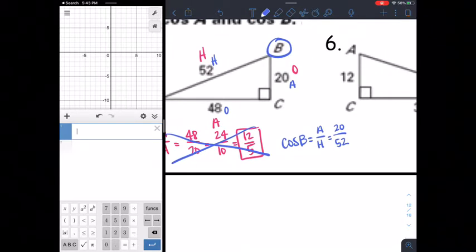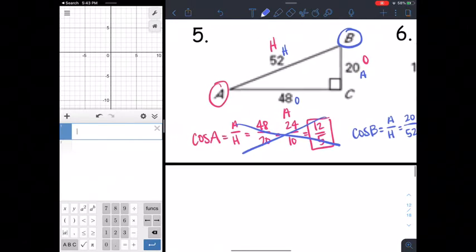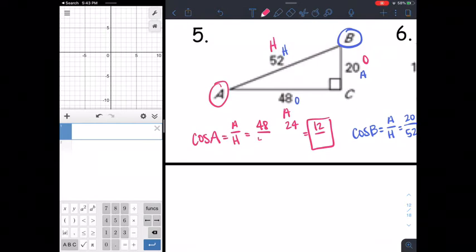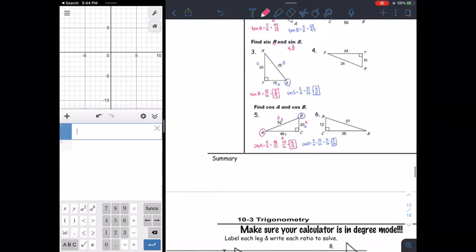Sorry, guys. And then if I simplify this down, this is 10 over 26, which is 5 to 13. This one over here should have been, that's my bad. Let's see, 48 to 52. Sorry about that. And 26 and 13. All right, my bad.